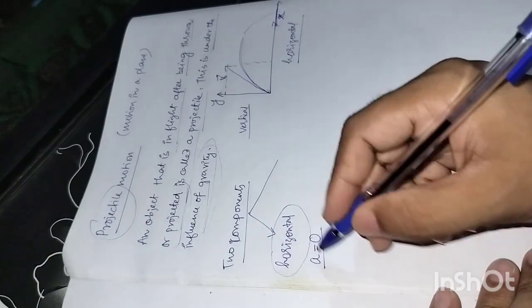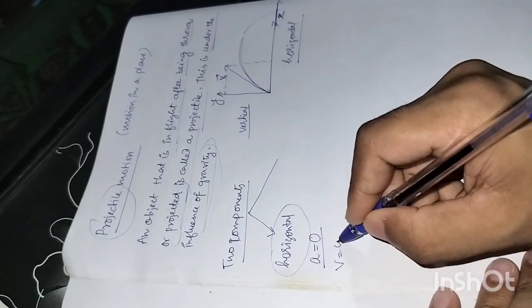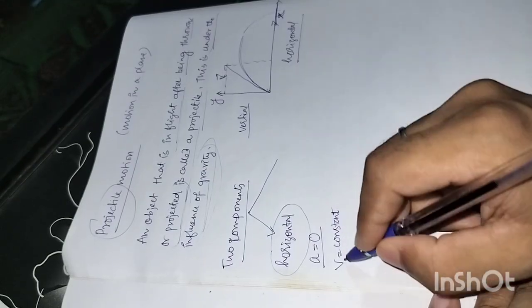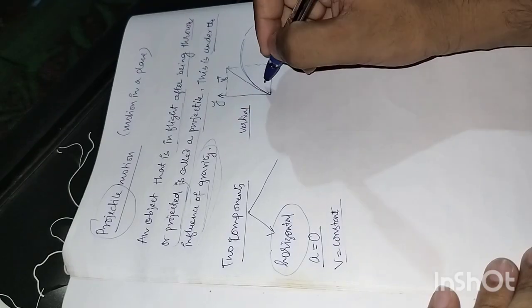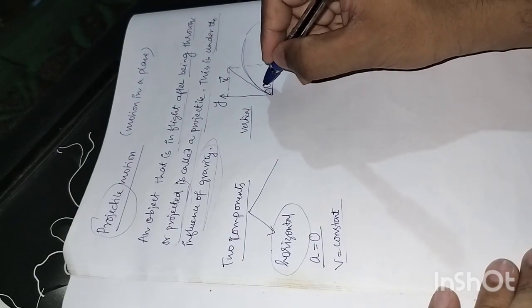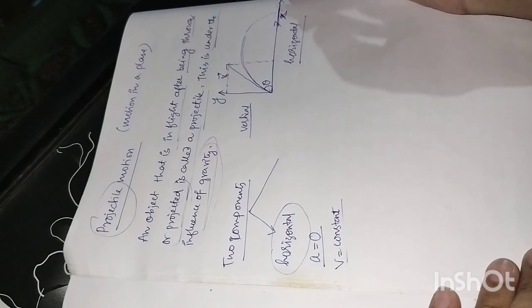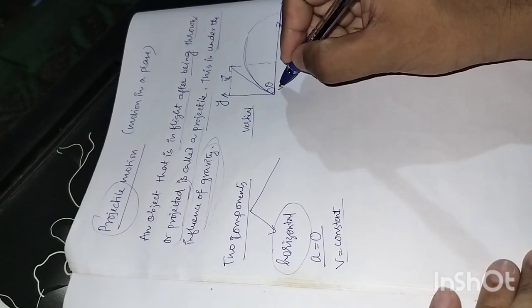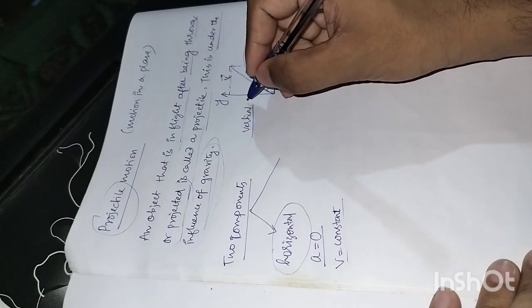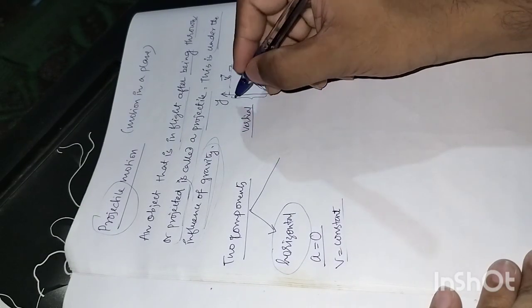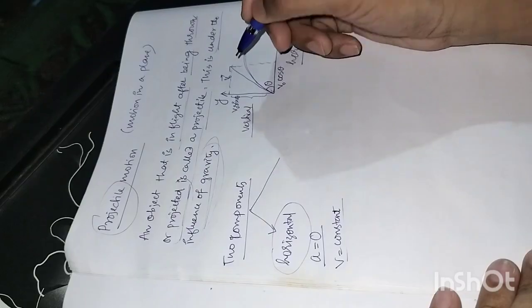Acceleration is 0 means the velocity is constant along the horizontal direction. If the projectile is thrown with an angle theta with the horizontal, or with the x-axis, then this can be written as v naught cos theta, and the y part will be v naught sin theta.